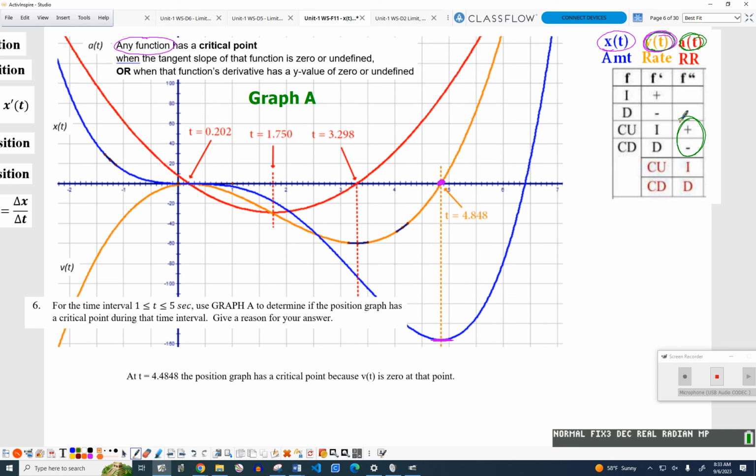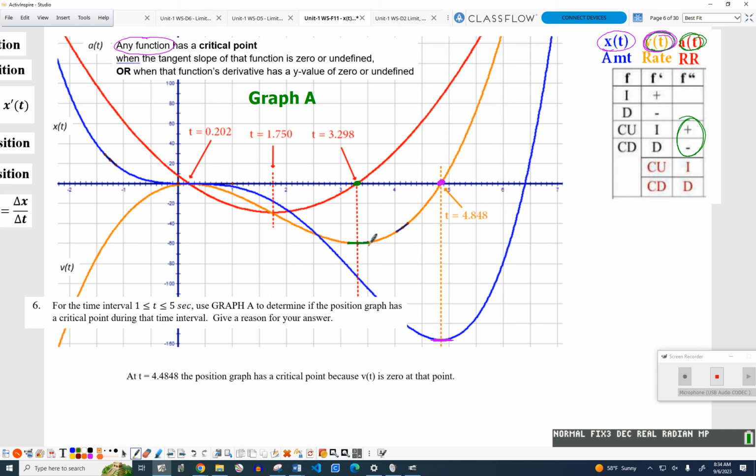So that now is slope of velocity. So this y-coordinate right here of the acceleration is 0. That corresponds to a slope of velocity being 0. That's a critical point on velocity.